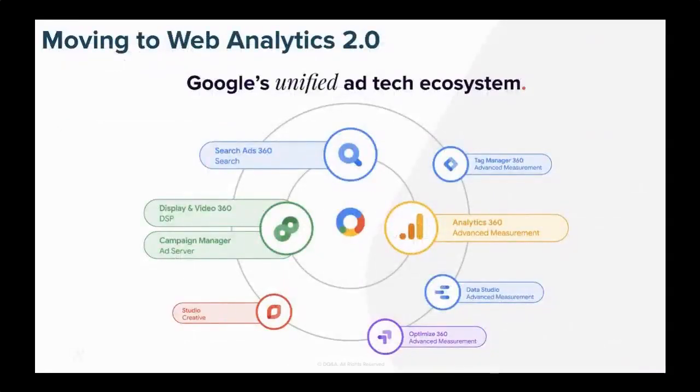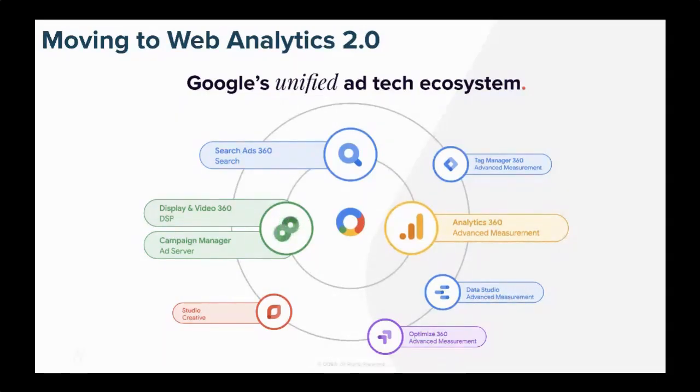Now, when we move a little bit forward from GA to Google Analytics 360, we can already place the tool into the ad tech ecosystem together with others, because it is possible to integrate these tools together, apart from Studio Creative on the bottom left.